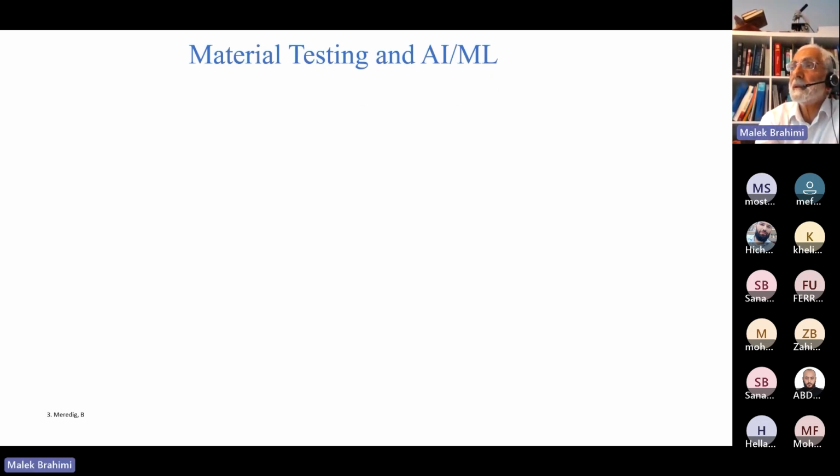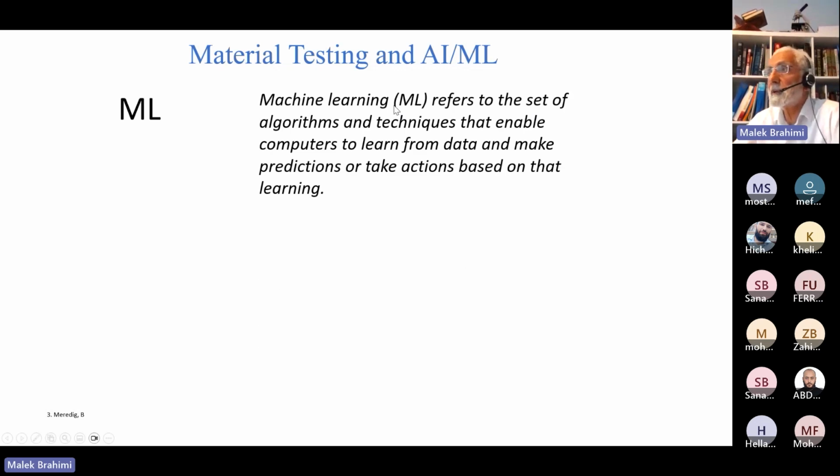بالنسبة للماشين learning, a definition: machine learning, ML, refers to the set of algorithms and techniques that enable computers to learn from data and make predictions or take actions based on that learning. So هنا two keywords.